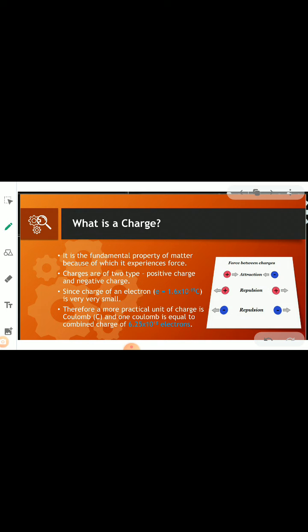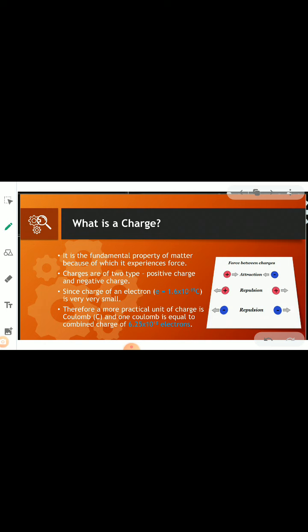Again, this you have studied in 8th standard that charges are of two types, that is positive charge and negative charge. Here, the positive charge is the proton. Proton is having a positive charge.